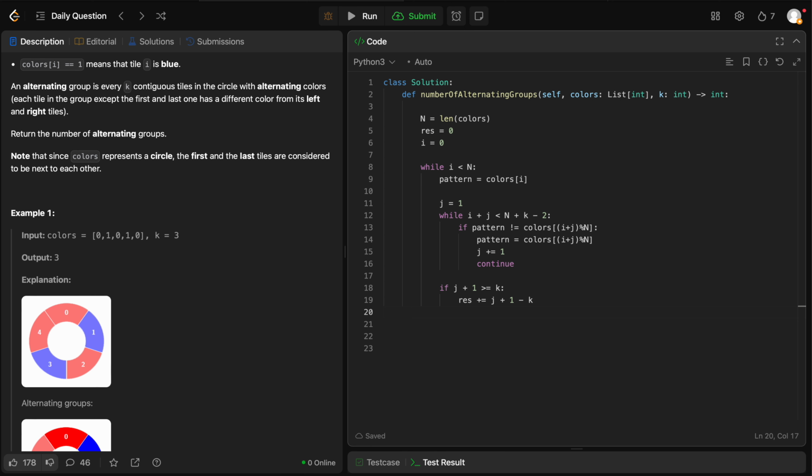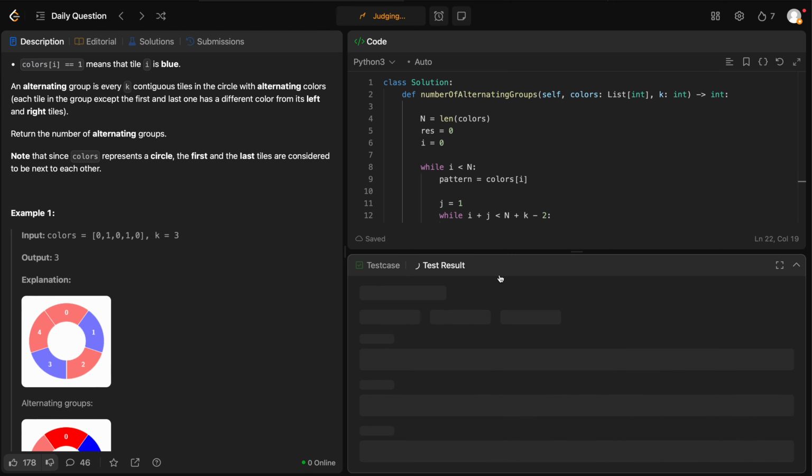And that was if j was a nice plus equal, it immediately failed. I need to go to the next one, and I think that's it. I'll debug this, but this should work.